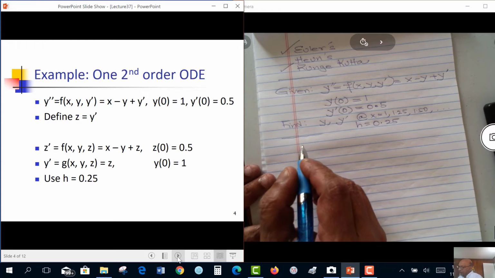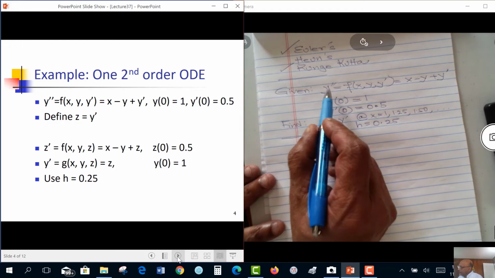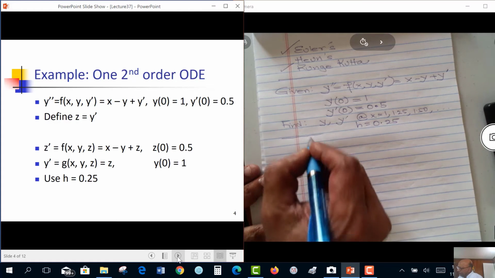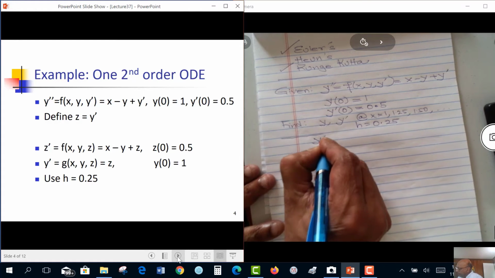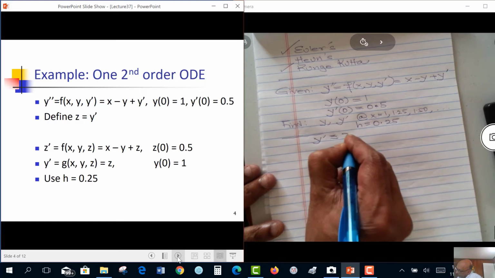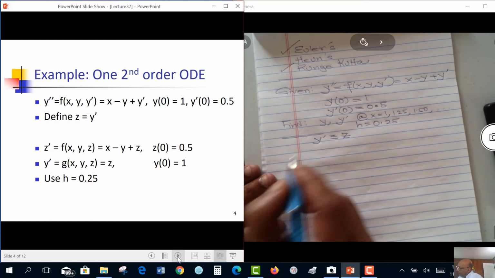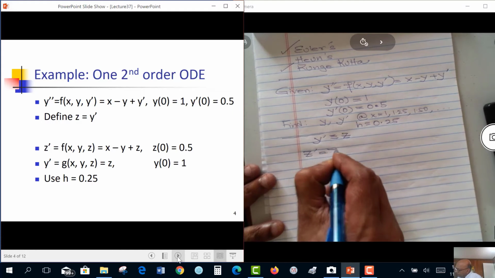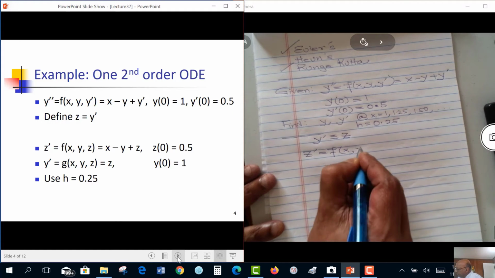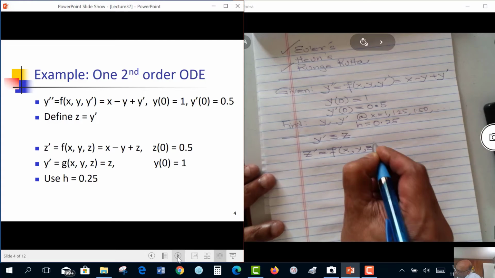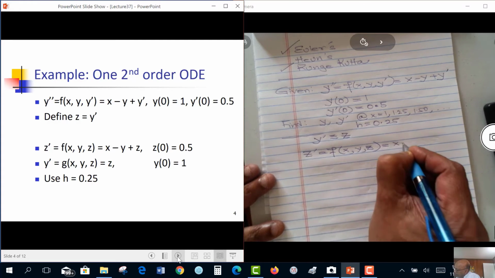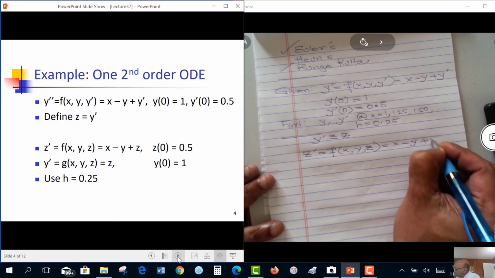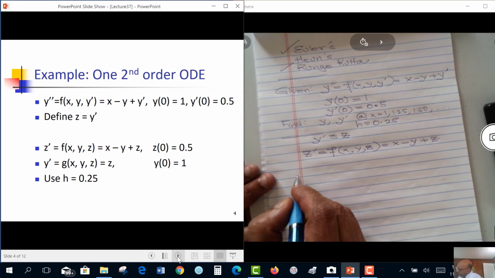But before we even decide on the method, we know it is a second order differential equation. So we are going to define y prime as z. So we will get z prime is a function of x, y, z. And our function is x minus y plus z.